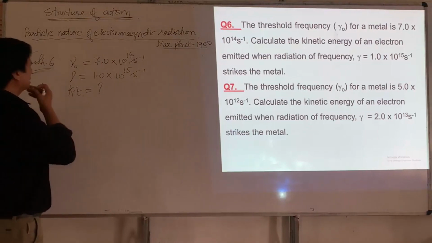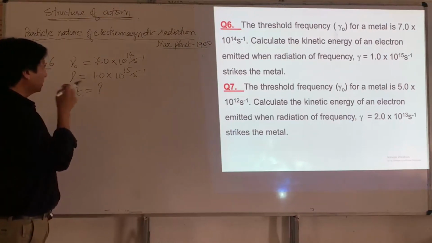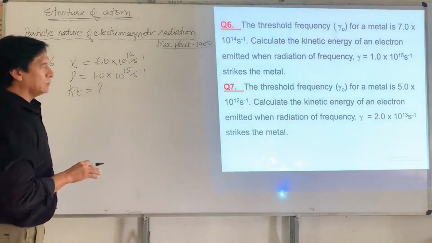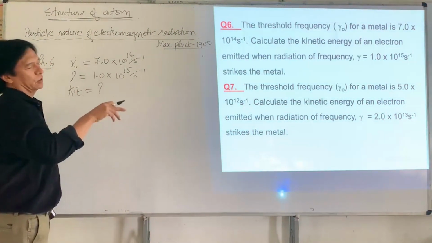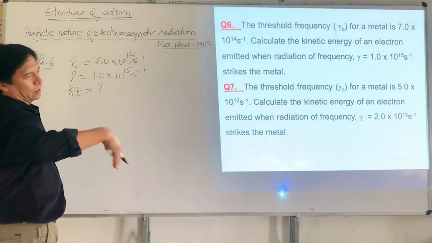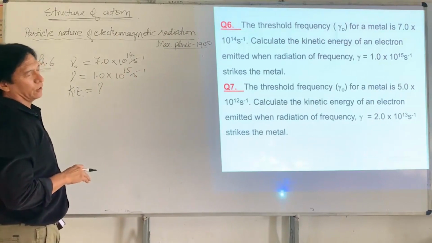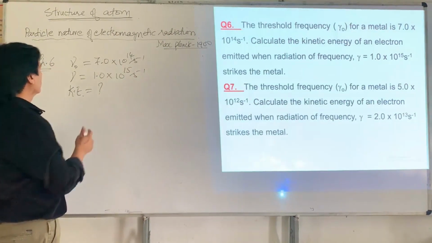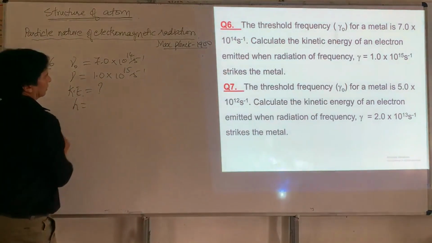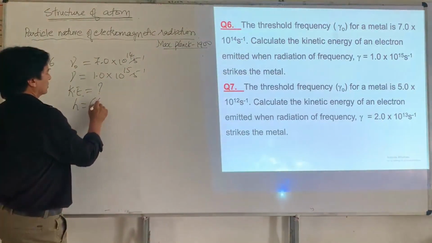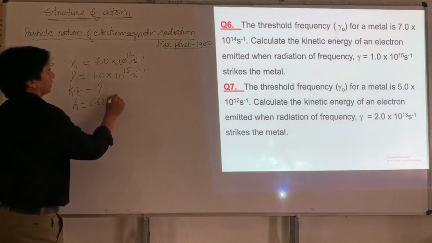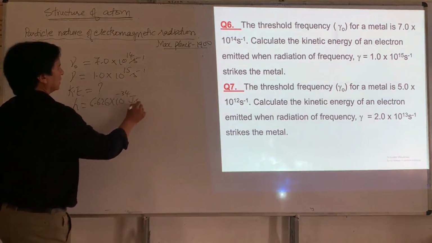And for this, you know that kinetic energy is given by the expression h, and then in the bracket you have nu minus nu naught. So we need the value of h. Planck's constant is 6.626 into 10 raised to the power negative 34 joule second.